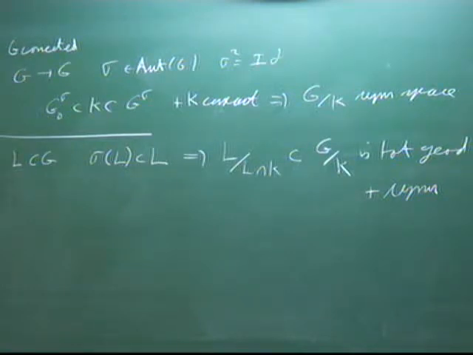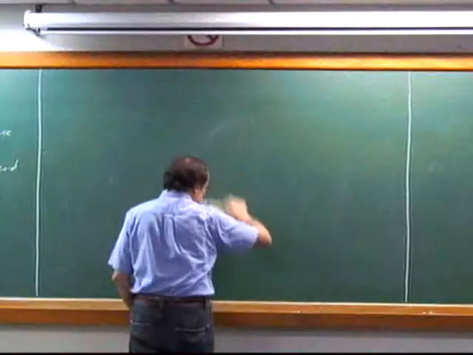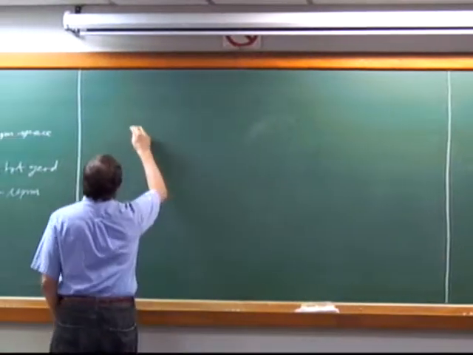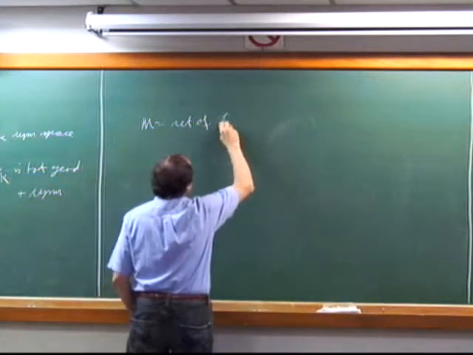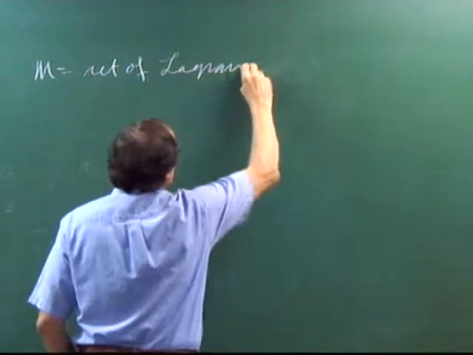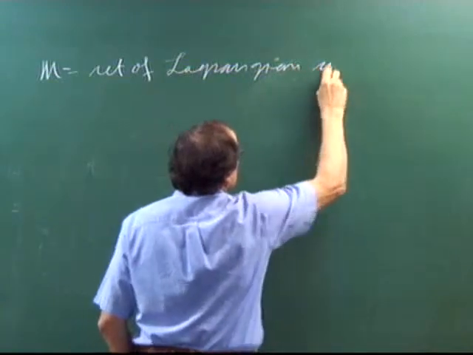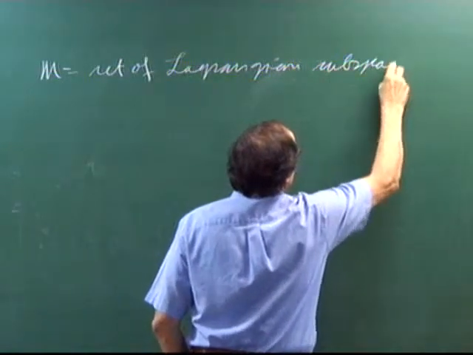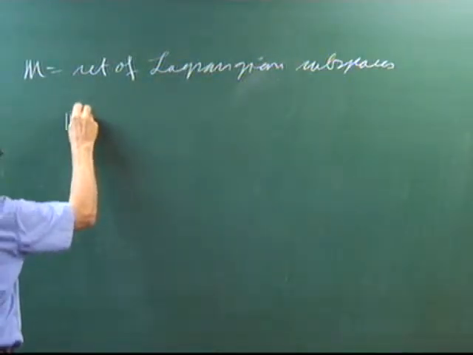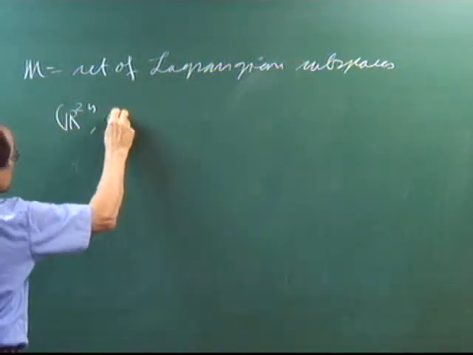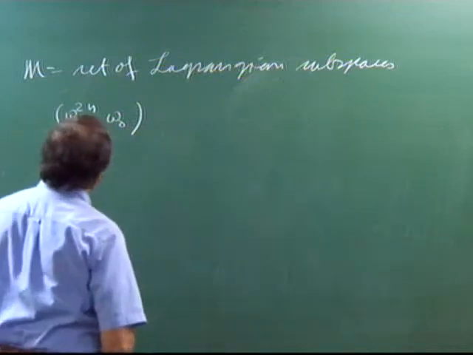I forget if I finished, I think I only started the Lagrangian subspaces. Probably didn't finish them, so let me make some more comments. So M was the set of Lagrangian subspaces. And here we could do this for the canonical symplectic vector space.